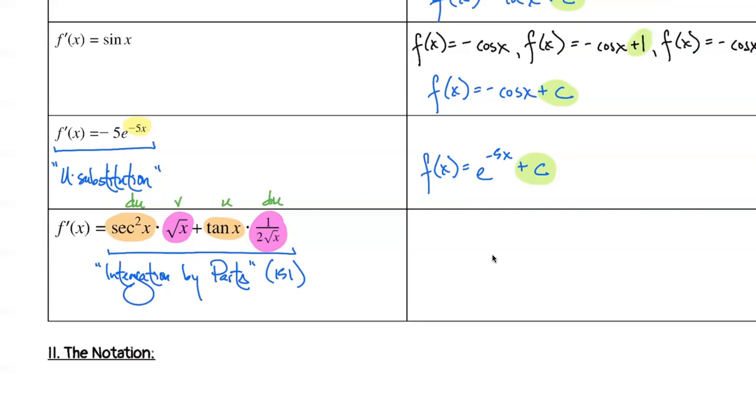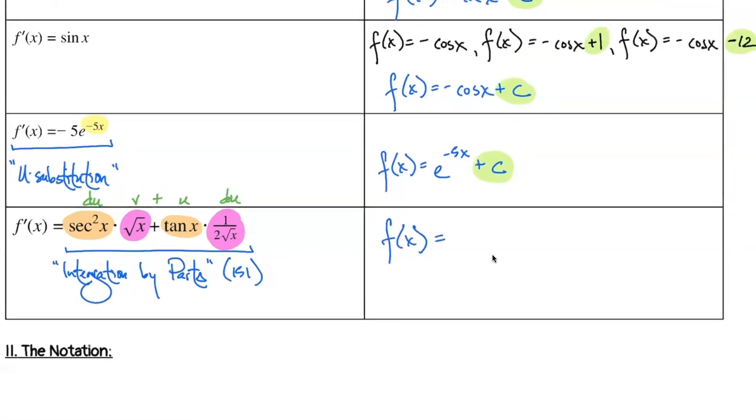Now, I bet we can all recognize this as the product rule, okay? So integration by parts, when you learn that in Calc 2, that is how you're going to undo something that came from a product. For right now, I'll just tell you that this derivative came from the function tangent x times square root of x.